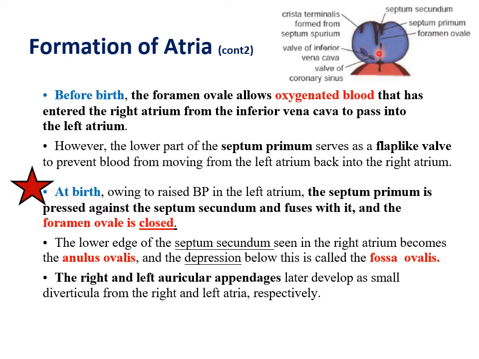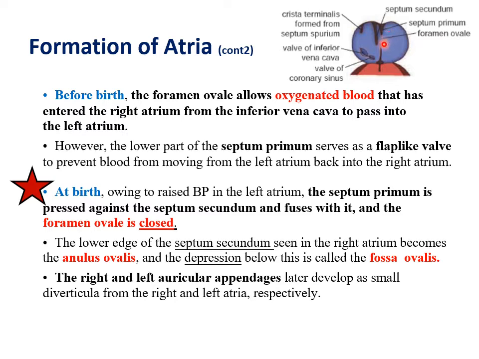But at birth, when the fetus is born, there will be raised pressure in the left atrium, and this will close the foramen ovale by fusion of the primary septum and the secondary septum, which is very important.